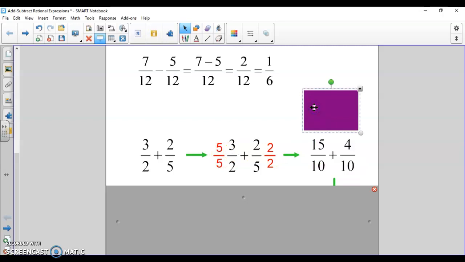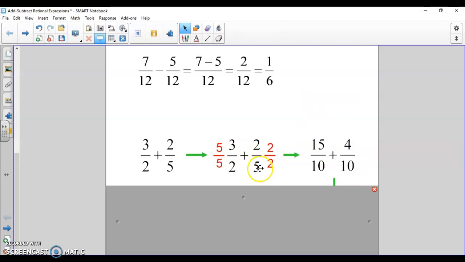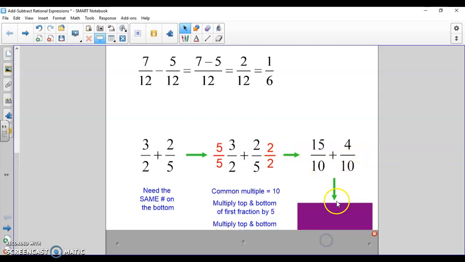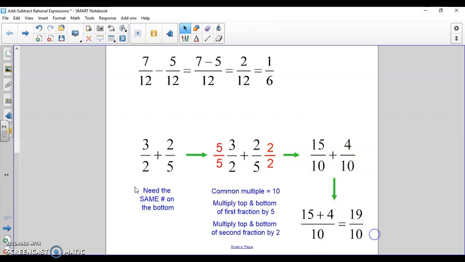So we get 15 over 10. The second one, to get this 5 to be a 10, I need to multiply it by 2, but I need to multiply top and bottom by 2. So I get 4 over 10. Then I get my answer of 19 over 10. I just add the tops and I'm good to go. All right, so I have everything I need there. Nothing too crazy. So let's go ahead and look at more examples of what we're actually going to be seeing.